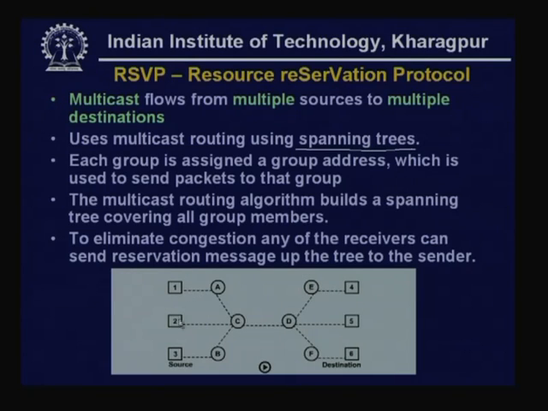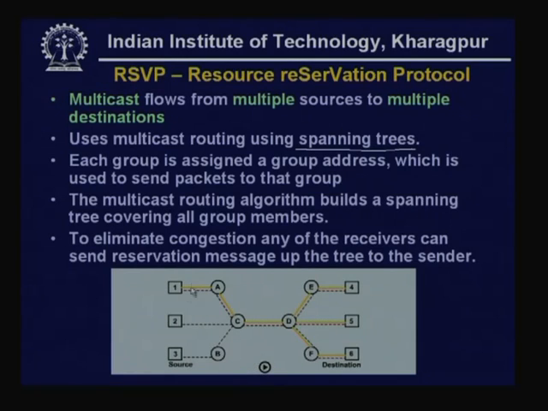Here 1, 2, 3 are the sources, and 4, 5, 6 are the destinations. Now, these 1, 2, 3 are giving video service to the destination stations 4, 5 and 6. So, each source will form a spanning tree, as you can see.